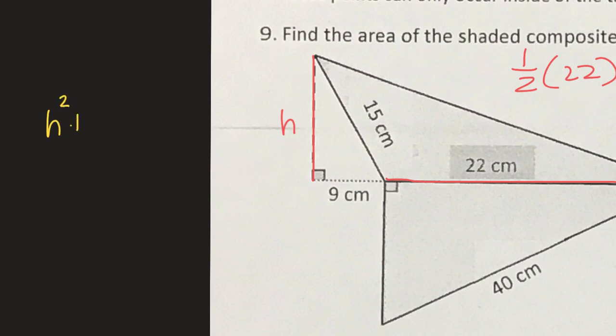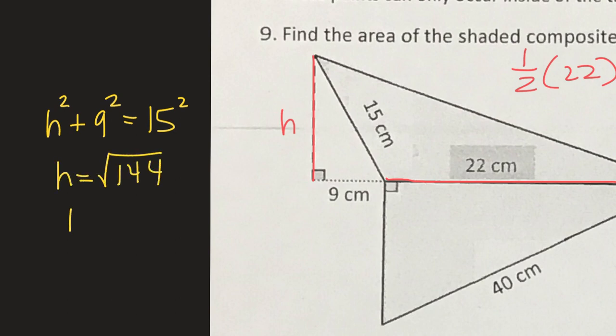So h squared plus 9 squared equals 15 squared. Of course we go to our calculator and do 15 squared minus 9 squared, and the height is the square root of 144. Oh, I know that. That's actually 12.